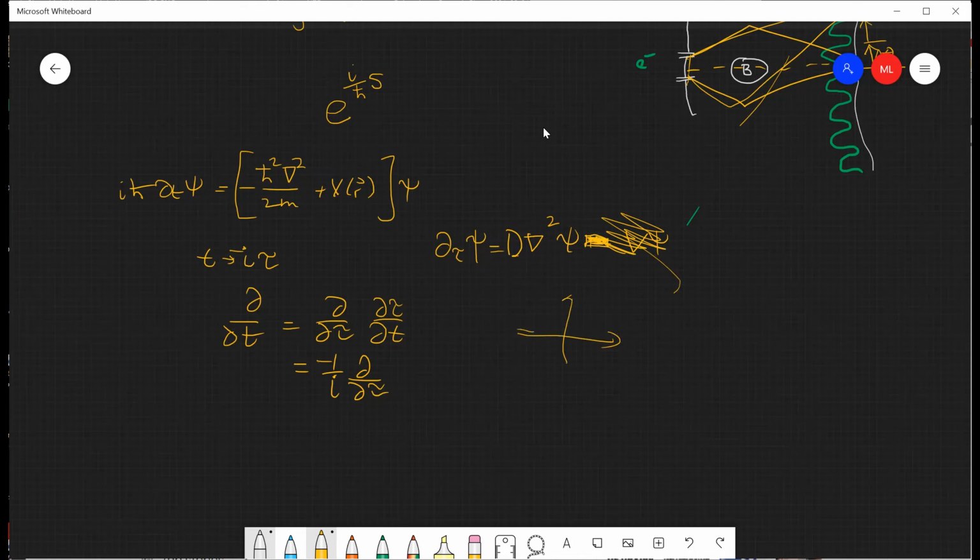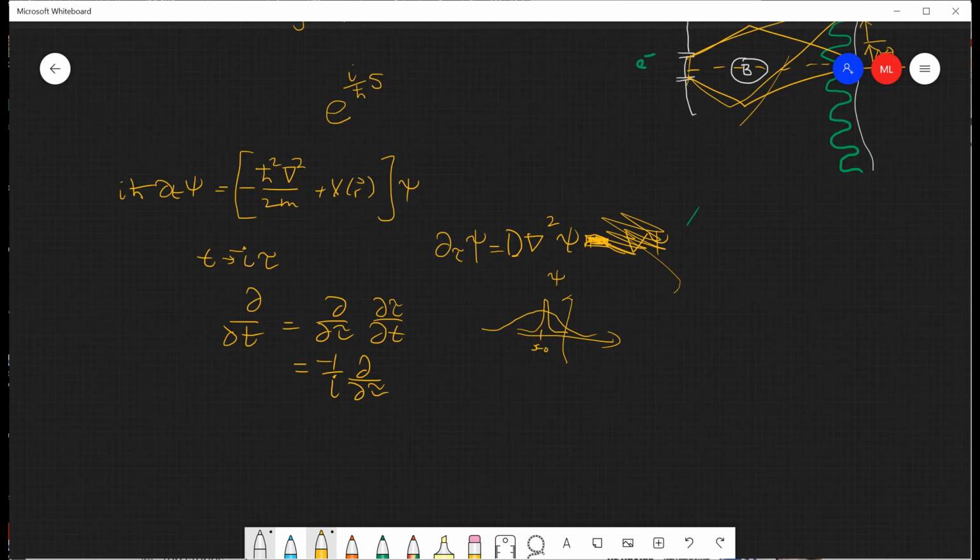If you start the particle at some location x naught, then psi would describe its probability distribution, and it would just spread over time, with its standard deviation, the size of that lump, growing as the square root of time, square root of tau in this case.